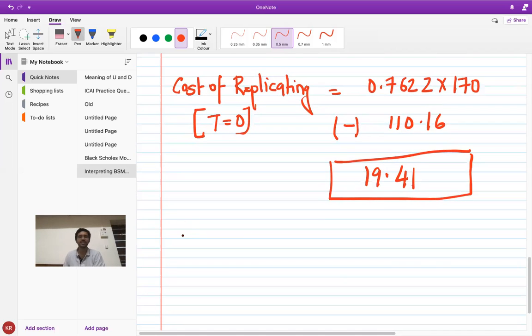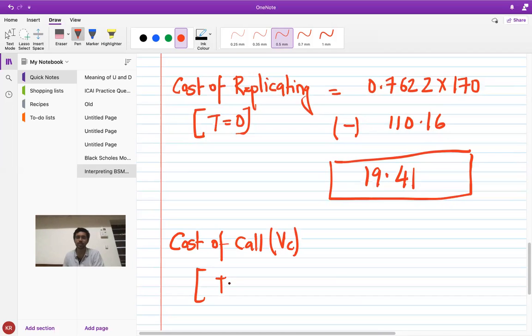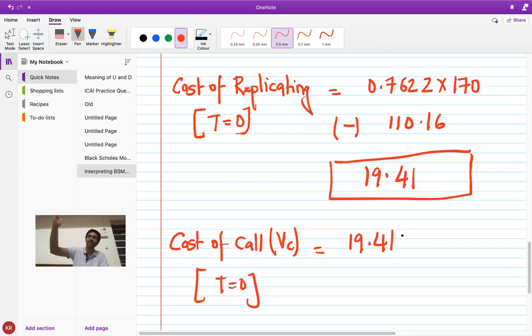And we said that the cost of the call option, or value of the call option at t equal to 0, should be equal to the cost of the replicating portfolio, which is equal to 19.41. Which means if you try to replicate the payoff of a call option in future, that replicating portfolio has to have a price of 19.41 today.